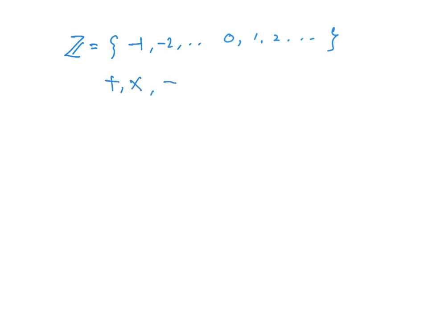You can subtract. Still obtain integers. How about division? If you divide 2 by 3, it does not belong to integers, right? So the integer system Z is closed to plus, multiplication, minus.